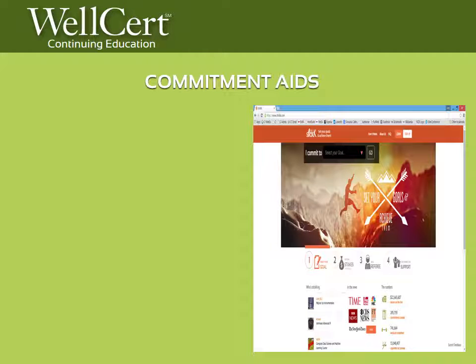Now let's look at commitment aids as another one of these self-service technologies. This one is from Stick, and it's a web-based free application that helps you formulate goals, set up some sort of reward or stakes that you want to put against your achievement of the goal, and then a referee, an involvement of a referee, and the identification of support for a particular goal that you're working on.